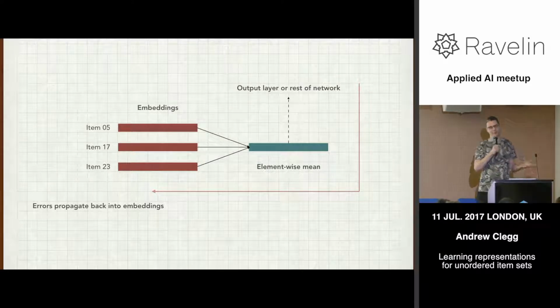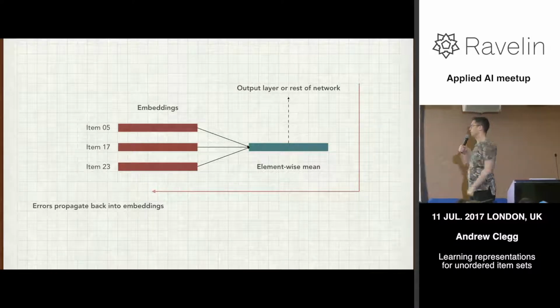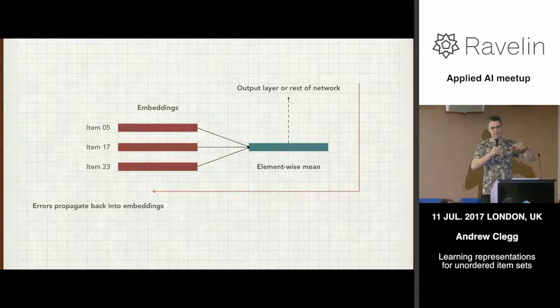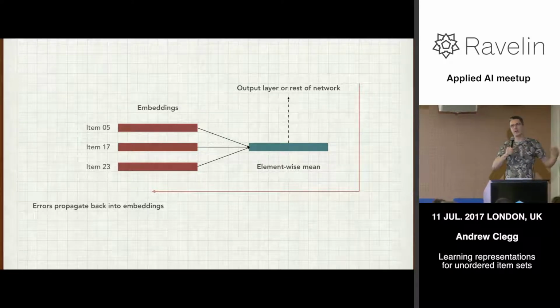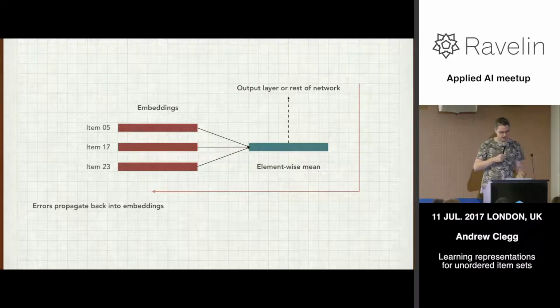It doesn't really matter. Basically, the idea is you've got these embeddings for the individual items, and you backpropagate the errors all the way through the network, so those embeddings adjust as you go along, rather than being something that you learn separately and then apply to a classifier.